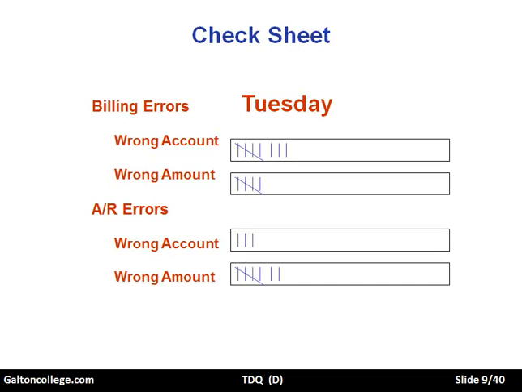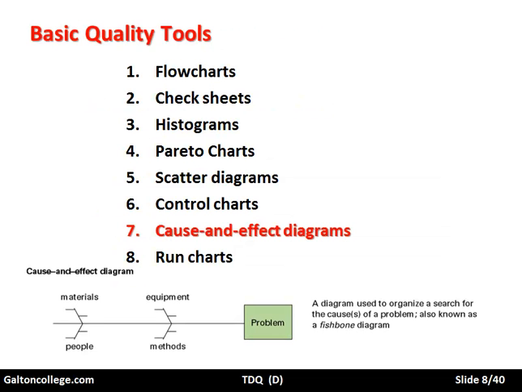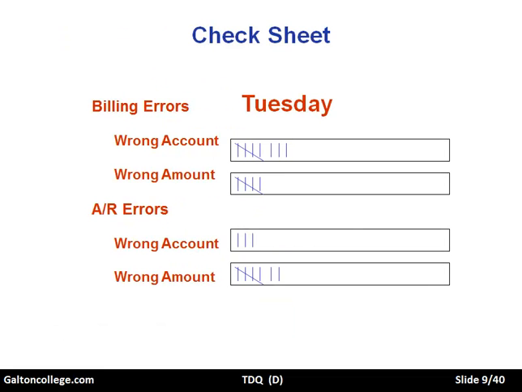And then we have check sheets. Sorry, I didn't skip one. Sorry, check sheets. Now, check sheets are looking at what went wrong and the amount that was wrong, the extent of the error, the types of error, and just simply keeps a tally of those.